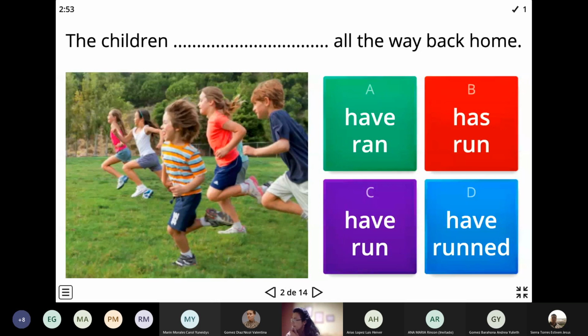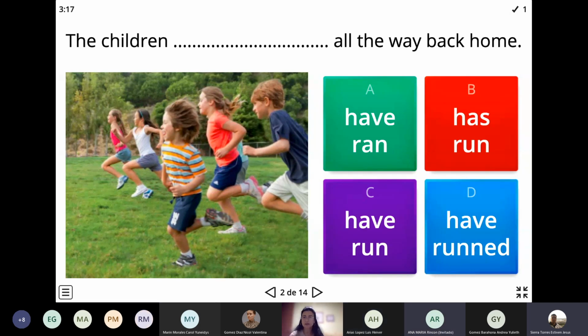What is the answer? Luis Haber, Steven. The children has run. Is children plural or singular? Plural. Children what?